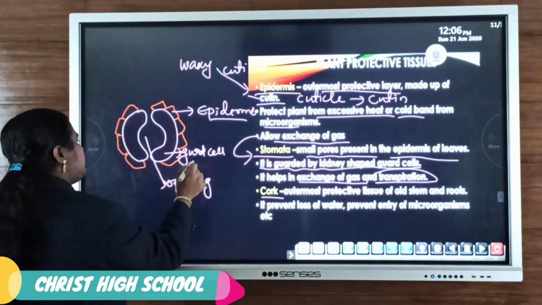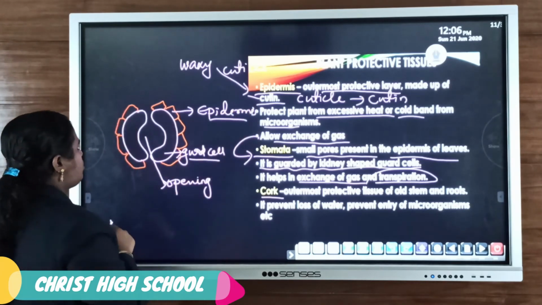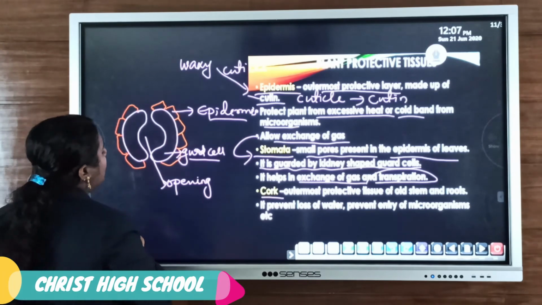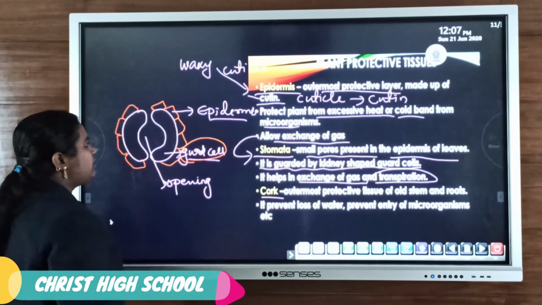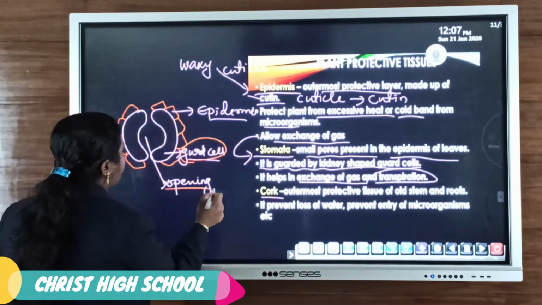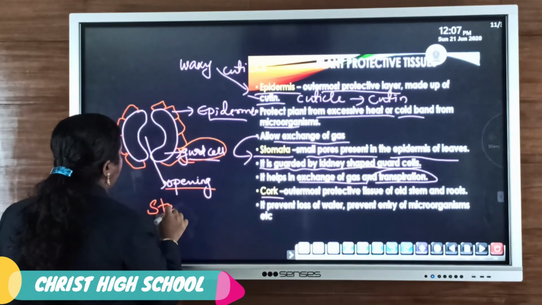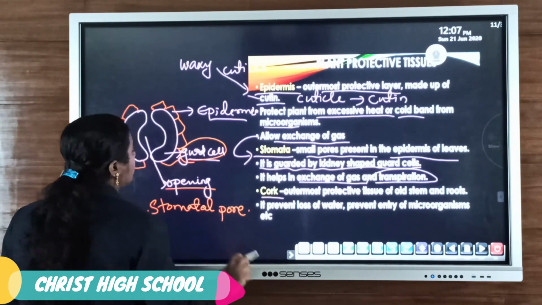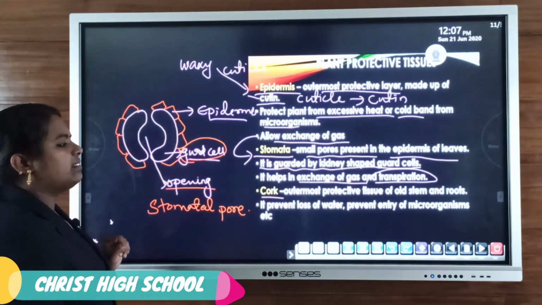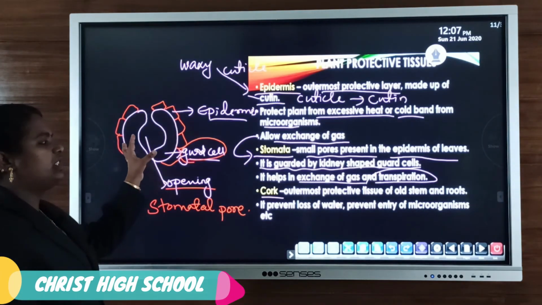The two kidney shaped guard cells protect the stomatal pore. This is the opening of the stomatal pore, through which exchange of gas as well as the process of transpiration takes place.